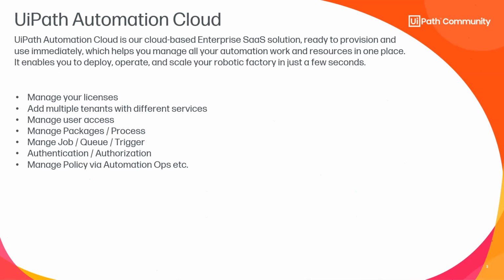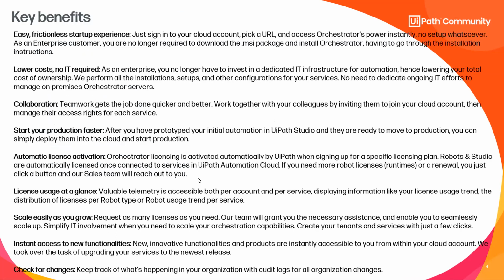It is ready to consume and provides all the key functionality: license management, users, tenants, packages, processes, and all different stuff, right? You can quickly spin up your orchestrator instance, bring your own license, activate it and start using it. So it completely overcomes all the challenges behind orchestrator installation. That's the key benefit of a cloud instance.